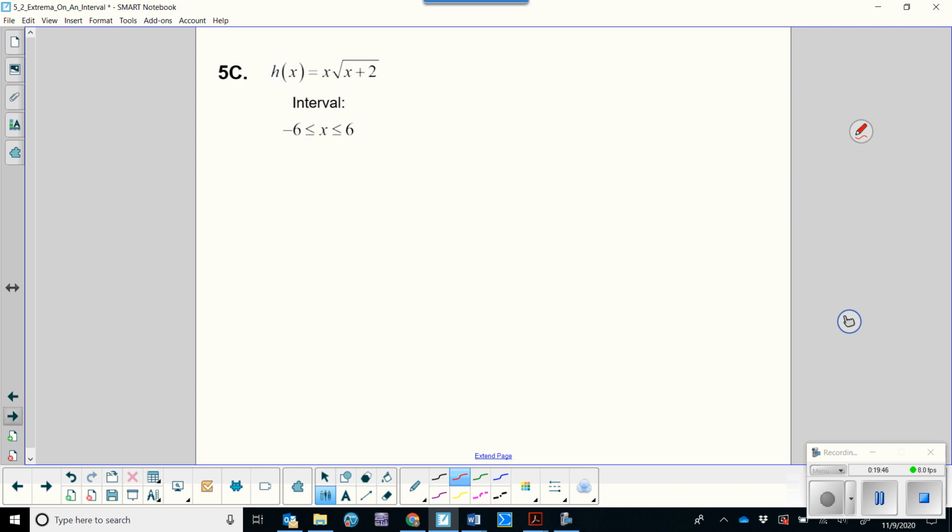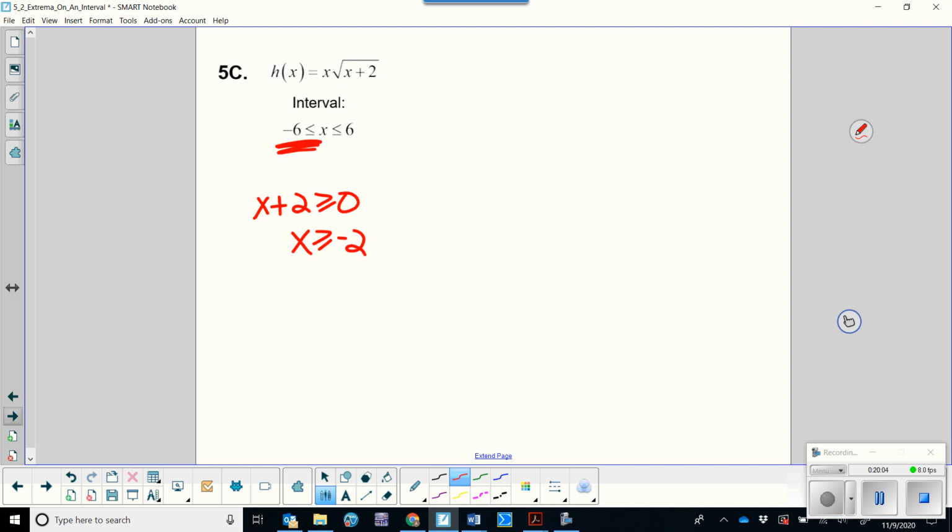Okay, on this interval, this does not work because of our domain. So we know that x plus 2 must be greater than or equal to 0. So x must be greater than or equal to -2, because underneath the radical can't be negative. And the interval that we're talking about is here.